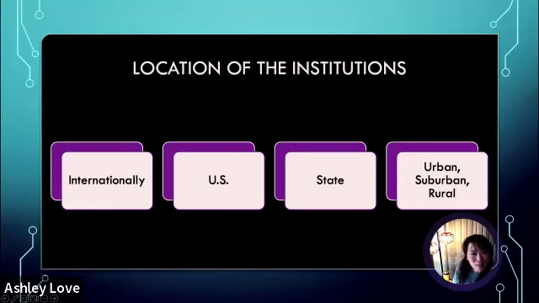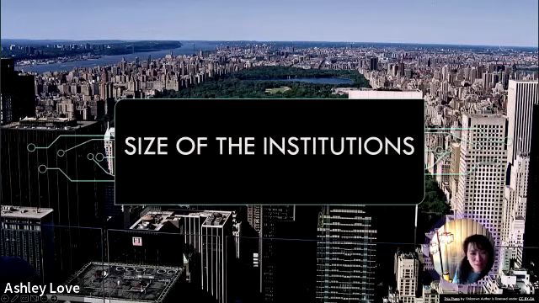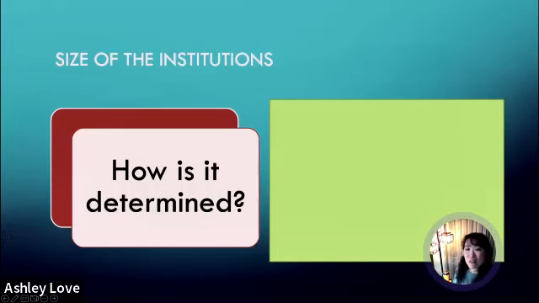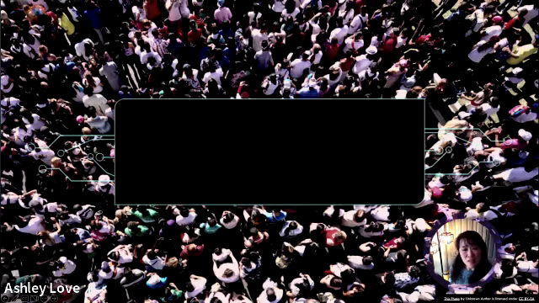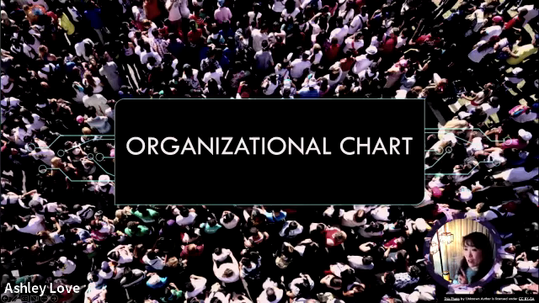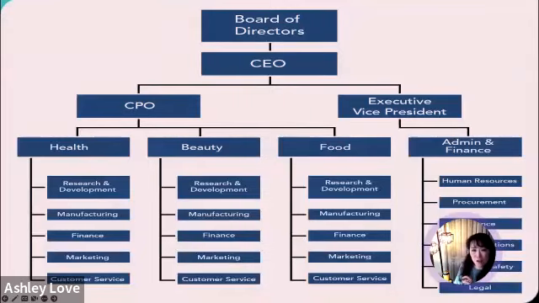And then let me talk to you about the size of the institution. How is it determined? How do we know it's a large size versus small size? It's student enrollment. Okay, that's what it is. So large versus small. And then in terms of the organization chart, all of you did such a beautiful job.